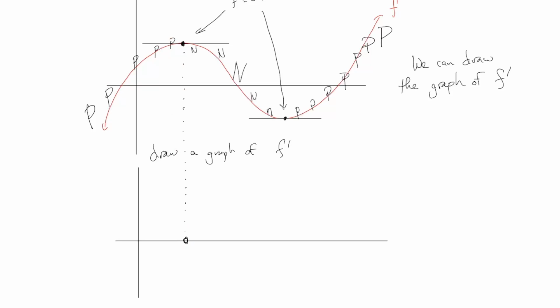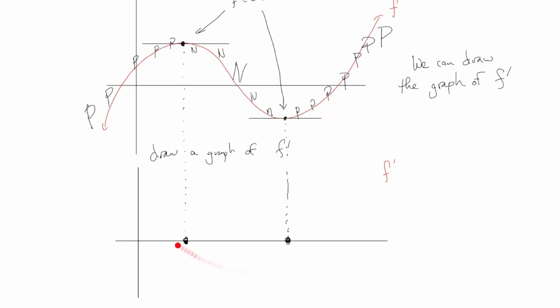So I would suggest you leave yourself some room on your paper and just put it directly below so that you can line these points up. These 2 points both represent places where the derivative equals 0. And since this graph, what I'm about to draw, the y values are determined by f prime, that means when the derivative is 0 here, I'm going to draw it as a y equals 0 point down here. All right?